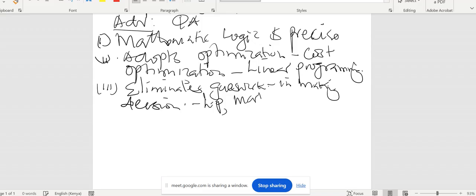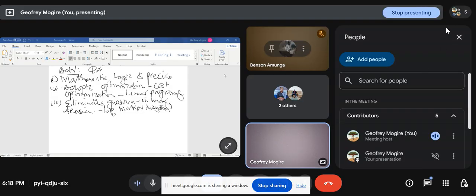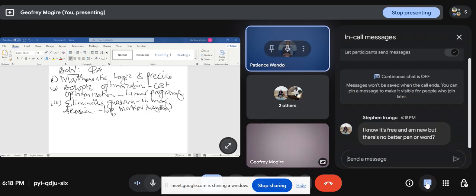We are going to use Markov analysis for predictions. We are going to use matrices for decision making. Very good.